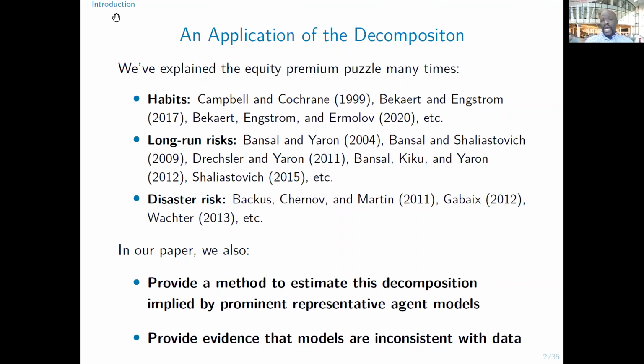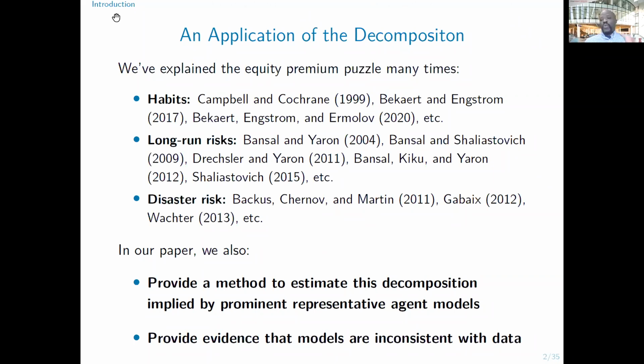What we are looking for is the implication of the economic mechanism for each component of this decomposition, as an application of our methodology. To be able to achieve that, we provide a method to estimate this decomposition in each representative agent model.